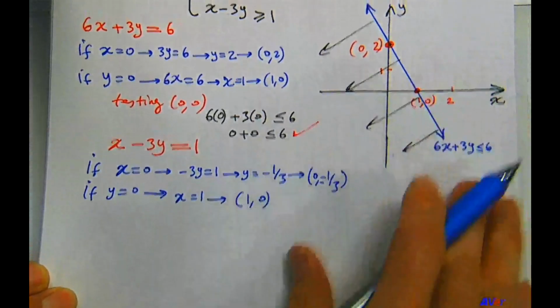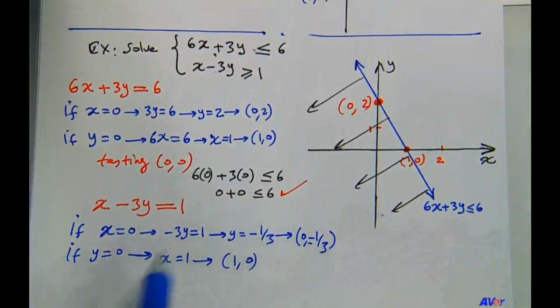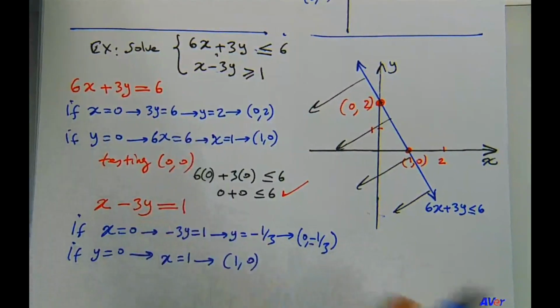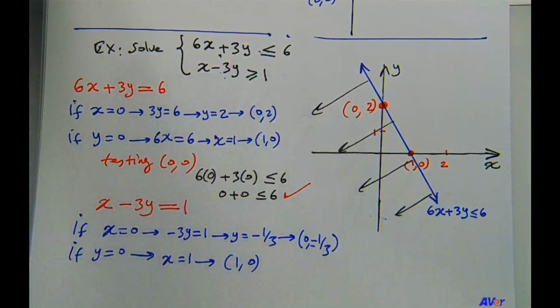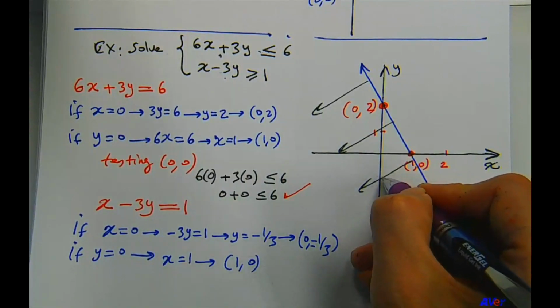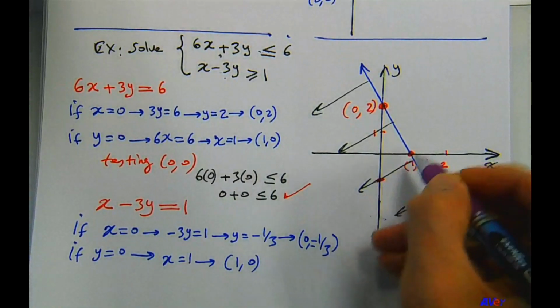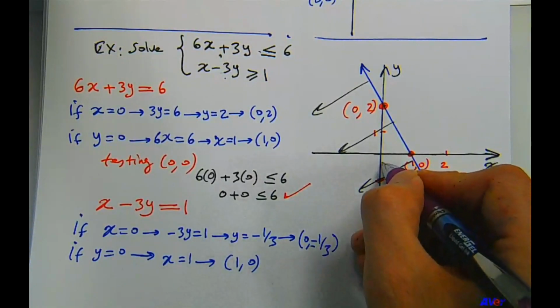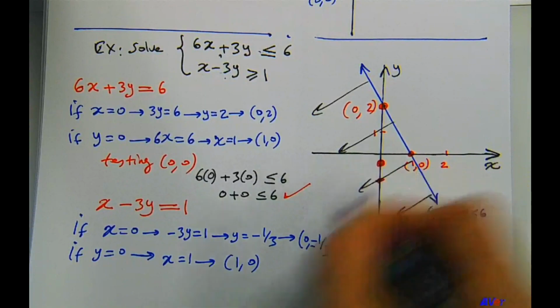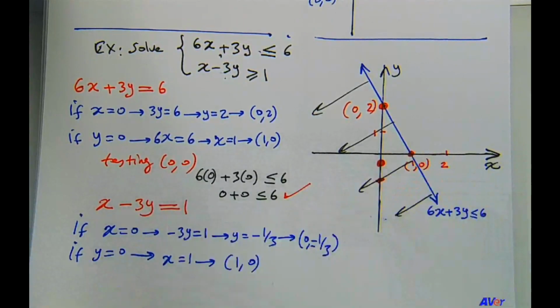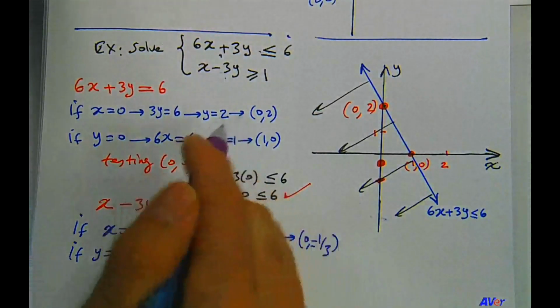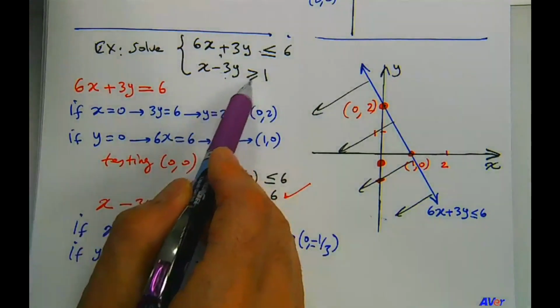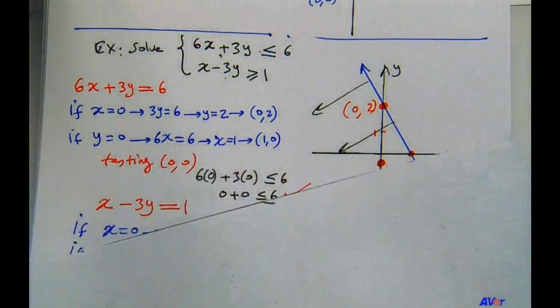Let's plot these 2 points here and find the solution of that second inequality, that one. So if this is 1, then negative 1/3, this point would be roughly here, and (1, 0) would be that. Once again, we can draw a solid line, right, because of this equality under that.